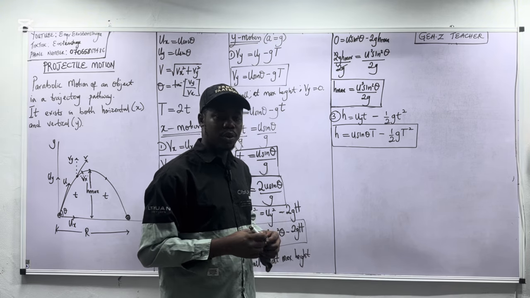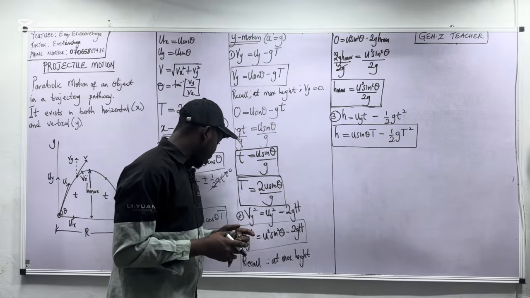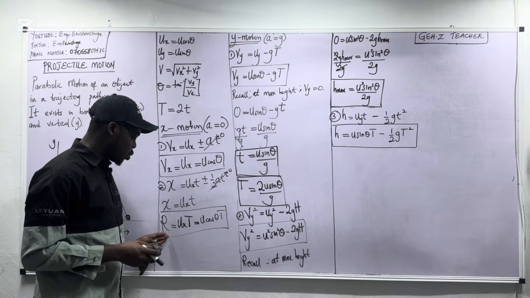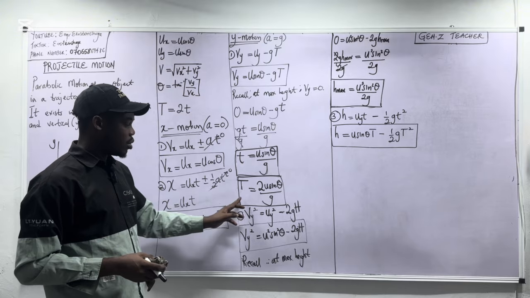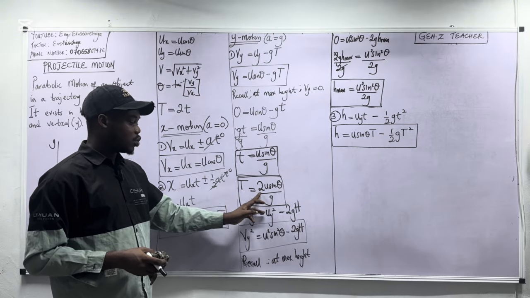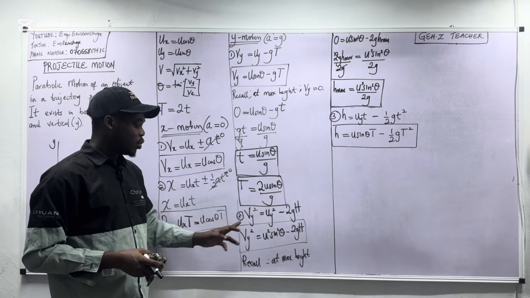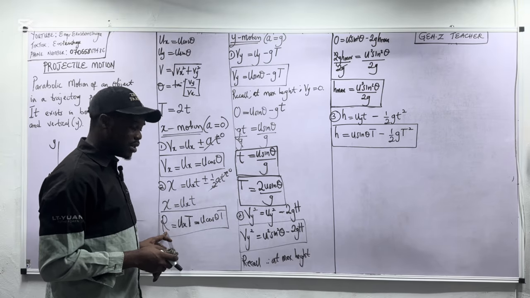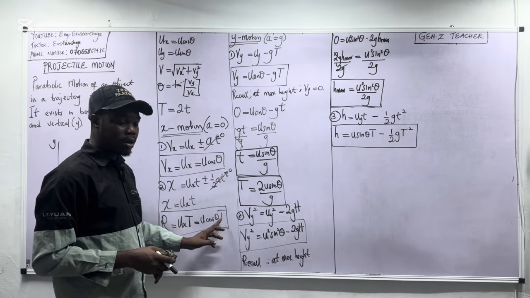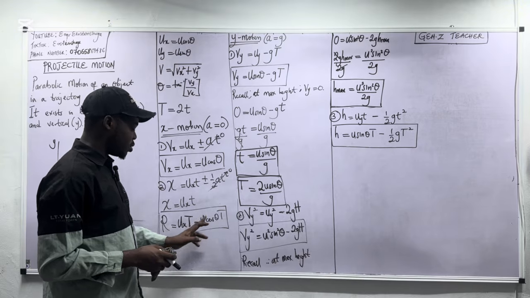Now the next part we will look at. Remember we said R was equal to u cos theta times t, and already we have a formula for capital T that says 2u sine theta over g. So we can write an expression for range that doesn't depend on time, because here range depends on time.